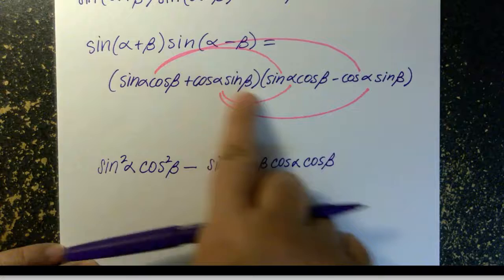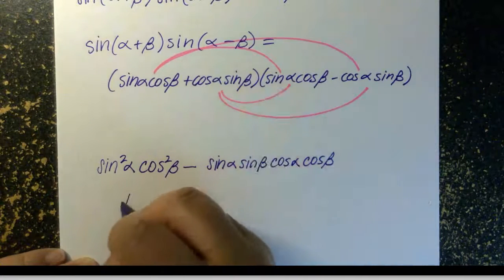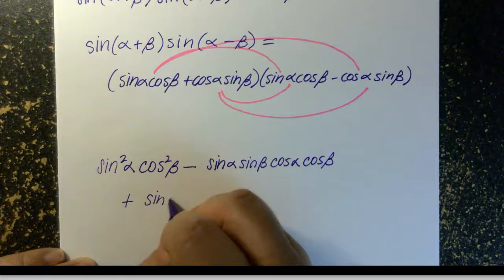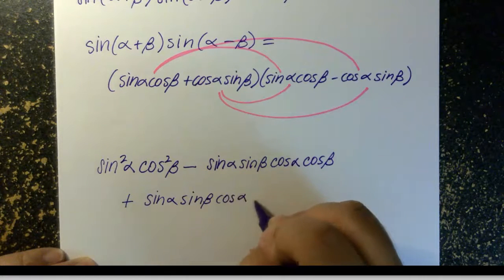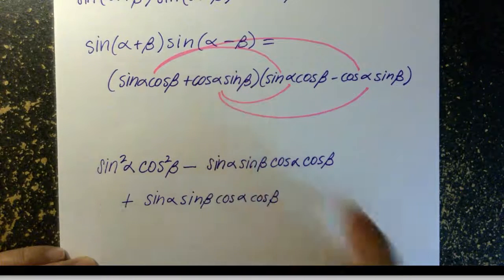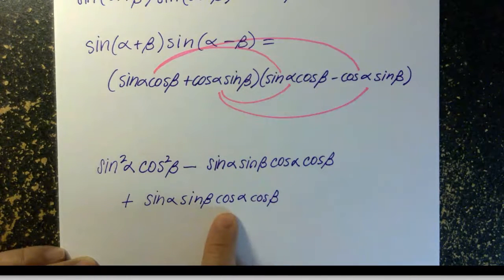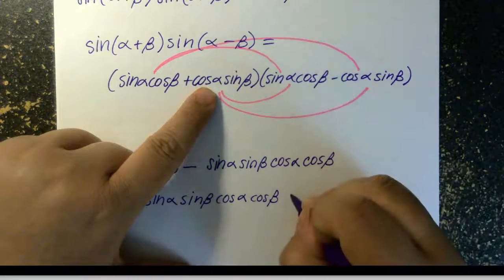Then I get to do these two. They're both positive, so that's going to be a plus. Sine alpha times sine beta times cosine alpha times cosine beta. I've got all of those right there. Look what's happened here. And then last times last, cosine alpha times cosine alpha.